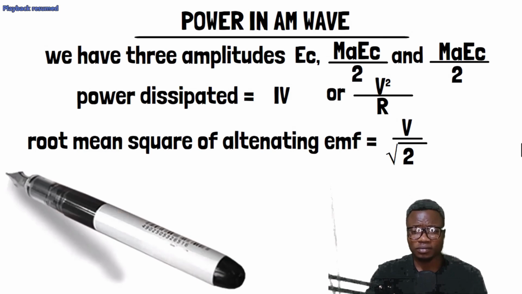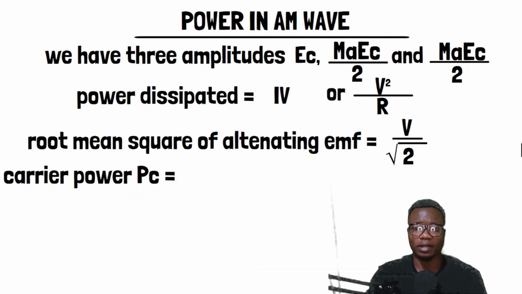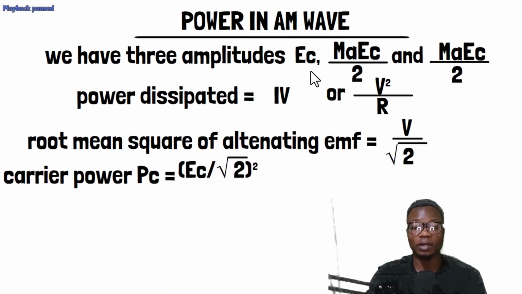And coming back to carrier power, or PC, it will be equal to, now because the amplitude of the carrier wave is EC, we're going to use this EC instead of V. But this EC won't stand on its own. It will be EC divided by square root of 2, then we square. So instead of putting V, we put EC over square root of 2, then we put it squared. This stands for V squared.